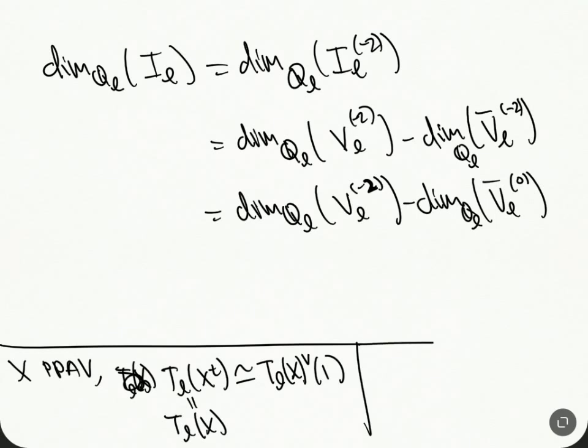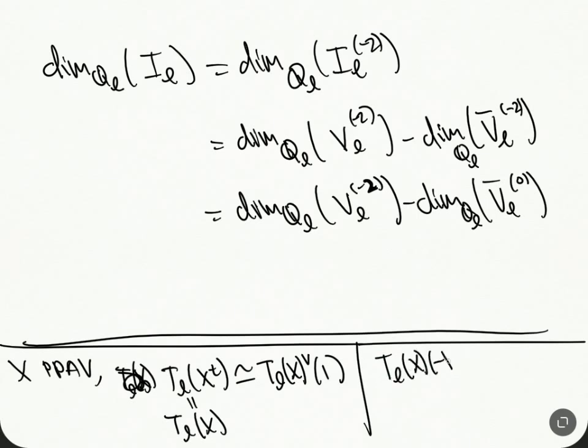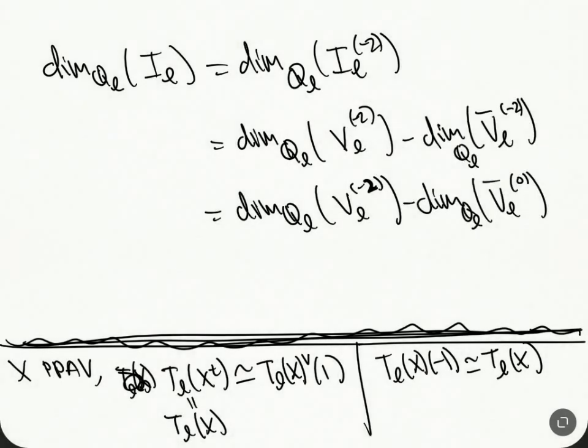So in particular, this will imply that T_l X(-1) is isomorphic to T_l X. Maybe we can talk more about this part, this equality here.